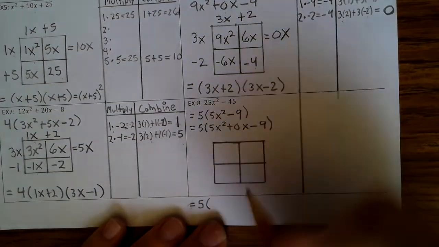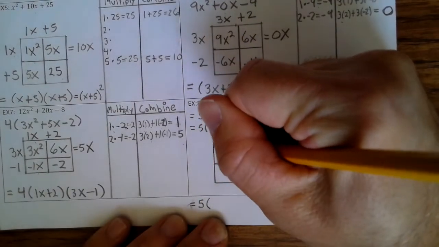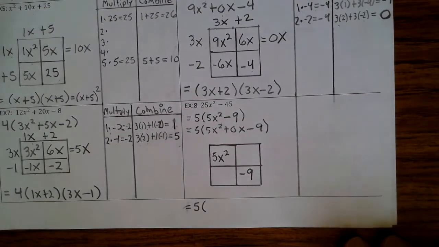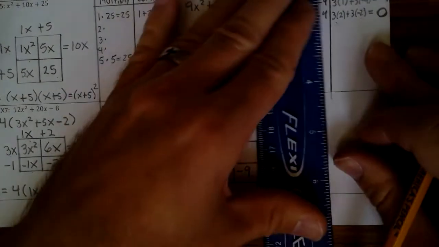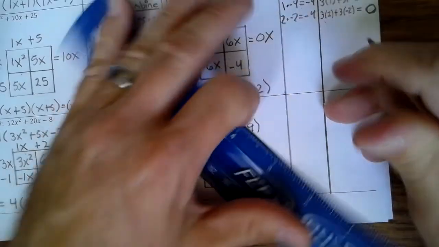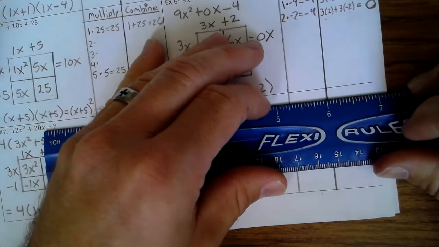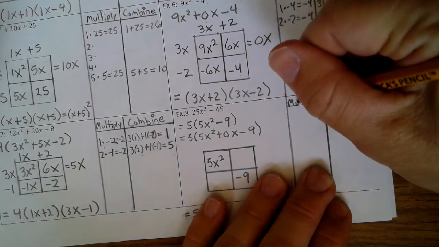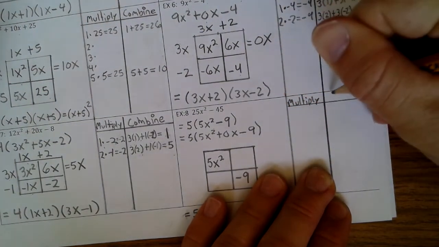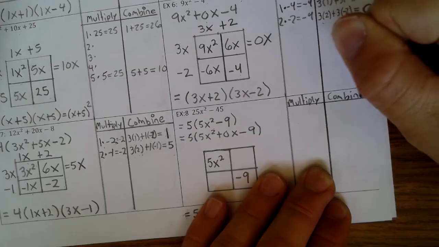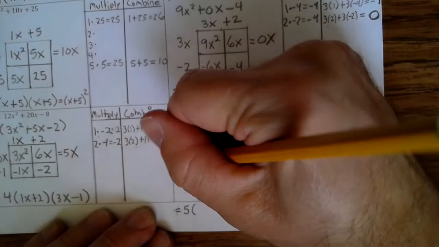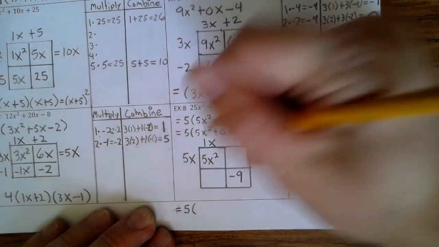All right, so first term is 5x squared. Last term is negative 9. And we need to multiply and combine. We know the only combination that makes 5x squared is 5x and 1x.